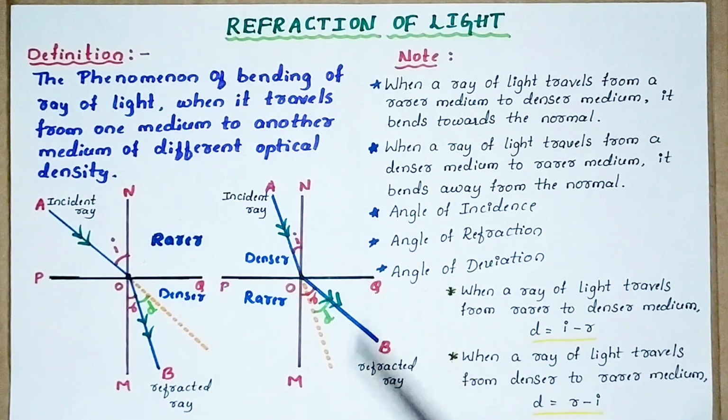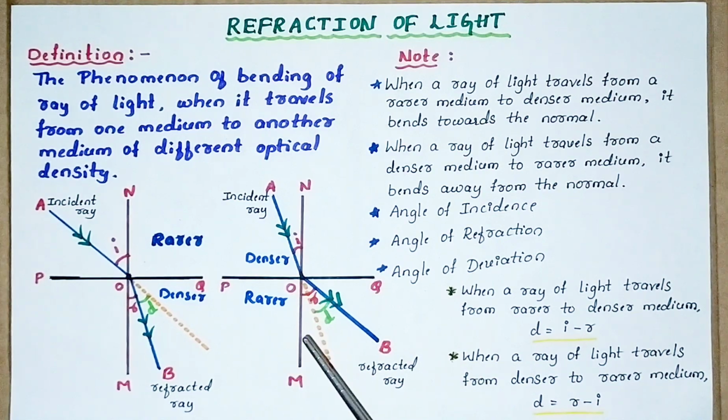Why is it bending? Because its speed increases. Why is the speed of light increasing? Because it is a rarer medium, low density, less opposition. So when the speed of light increases, the ray of light bends. Where is it bending? It is bending away from the normal.